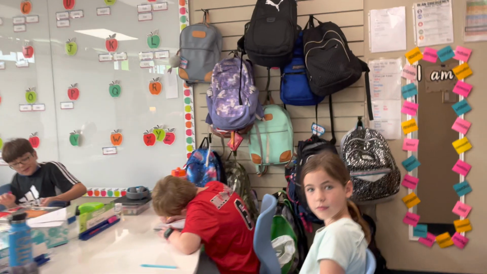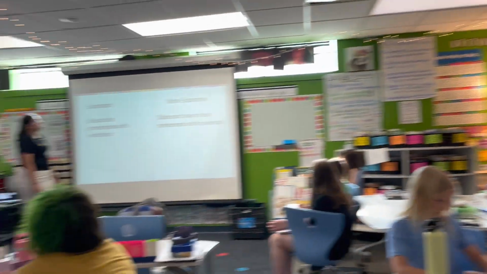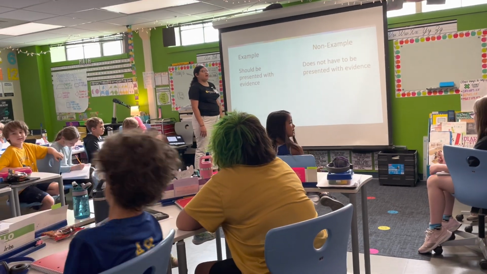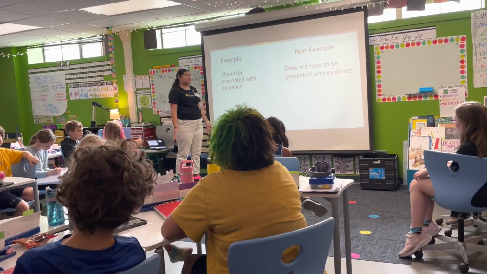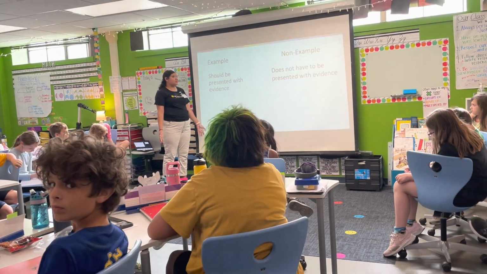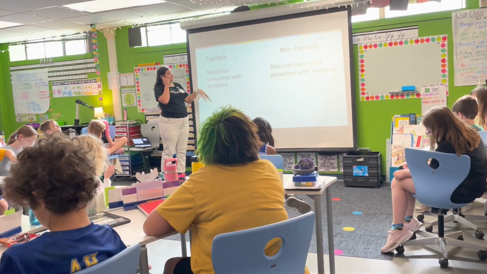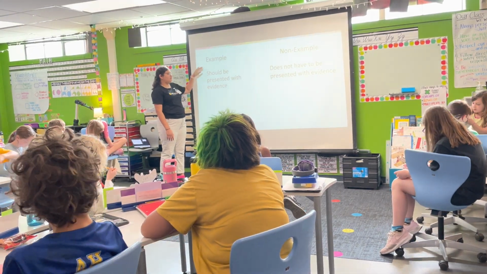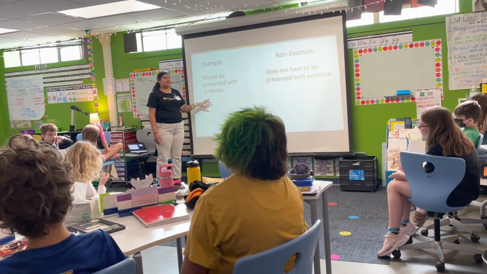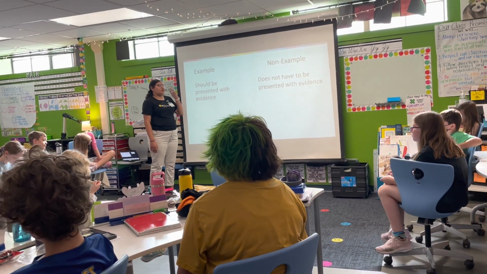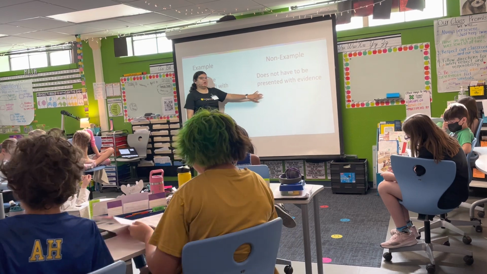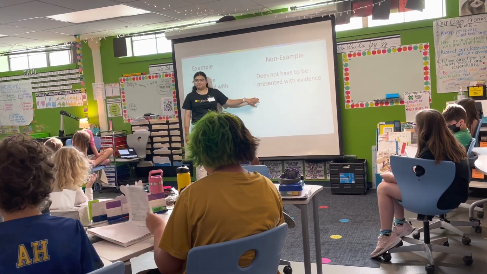And the example is that it should be presented with evidence, and the non-example does not have any evidence to support their claim. So again about the garden, or the zoo, you want to talk about it with evidence. If you don't, it's basically you talking about it with the emotions that you have.